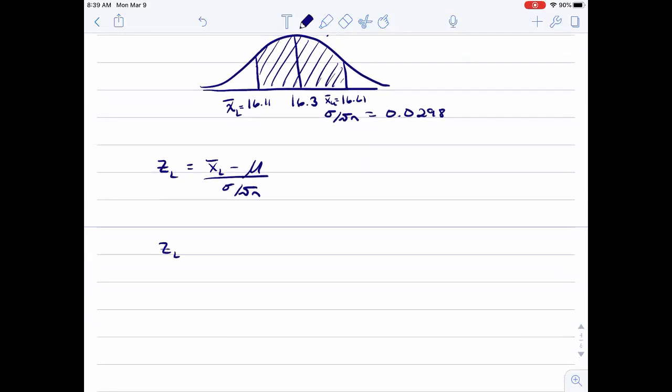So put it on a fresh page here. My z lower is going to be 16.11 minus 16.3 over 0.0298, or if you wanted to just use sigma over root n and keep all those decimal places, that's fine too, but I'll just use the shorter one.